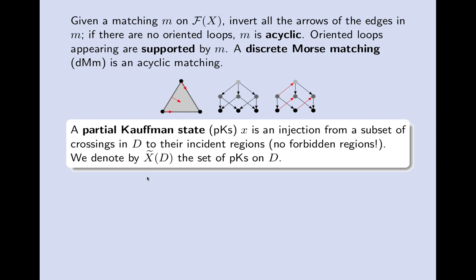We'll see an example in just a second, and we'll denote by X tilde of D the set of partial Kauffman states on a given projection D. Also, I need to mention that these partial Kauffman states are not related at all with the partial Kauffman states by Ozsváth and Szabó related to their bordered algebras to compute knot Floer homology. But the context should make this quite clear nonetheless.